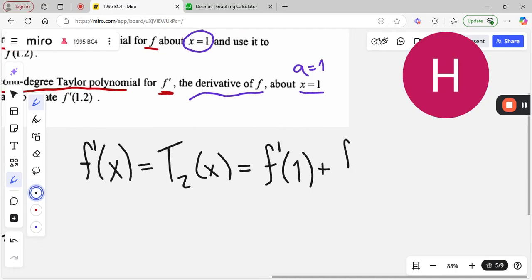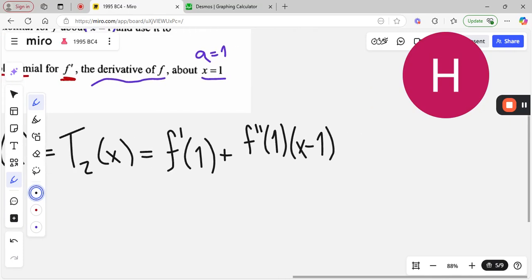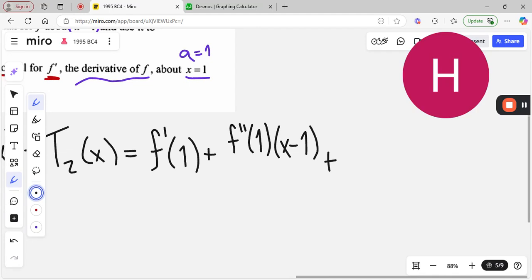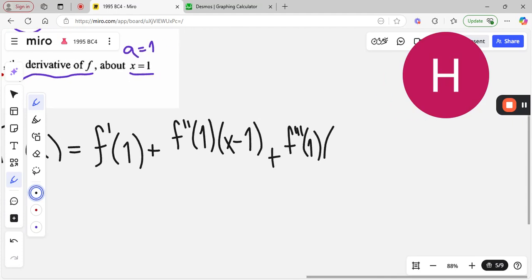Plus f double prime is like the f prime term because it's 1 derivative order up. f double prime of 1 still times x minus 1 over 1 factorial, which I don't really have to write. And then we're going to have f triple prime at 1. This is like the typical double prime term.